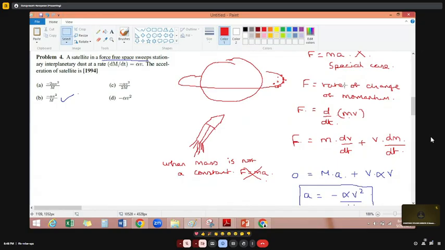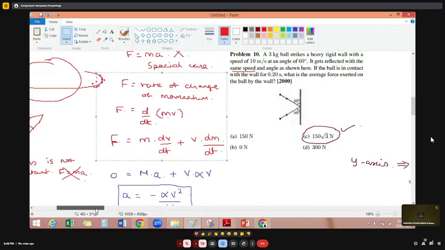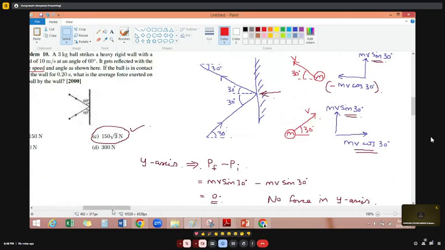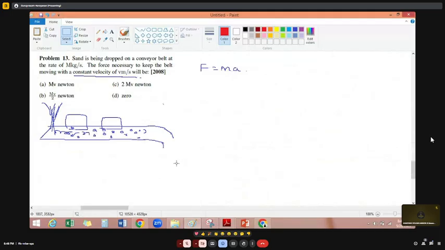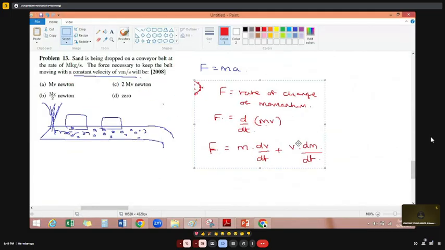So I'm just going to copy paste from here. So I cannot use this one. So that means I have to start from Newton's second law. Force is the rate of change of momentum.